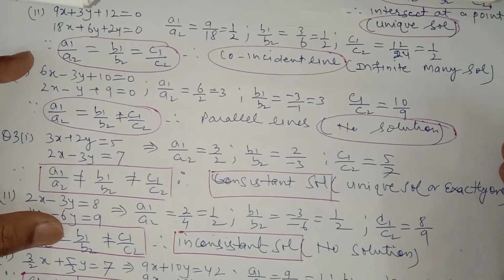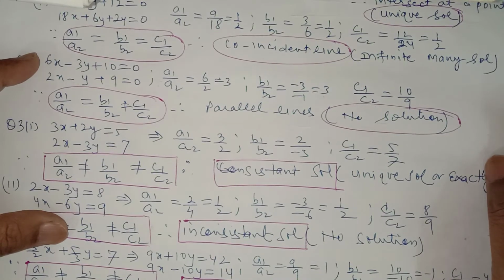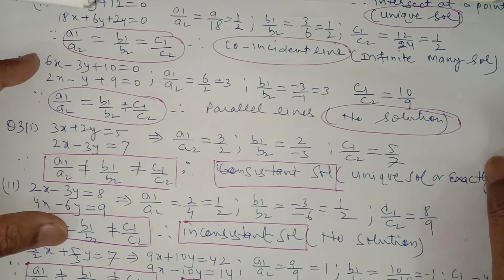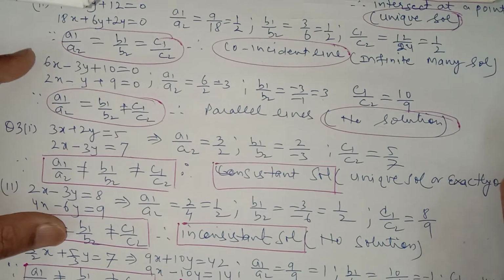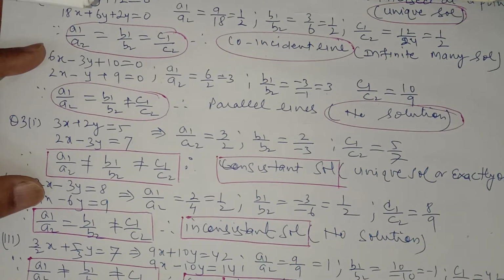Now in question number 3, you have to tell whether it will have a consistent or inconsistent solution. For a unique solution and infinitely many solutions, we say that it is a consistent solution, and for no solution it is an inconsistent solution. We have discussed this in the starting of this lecture.